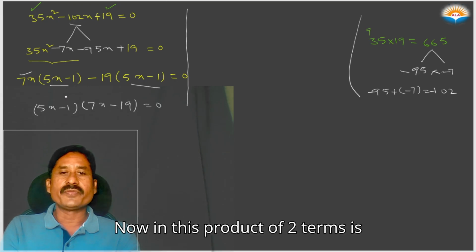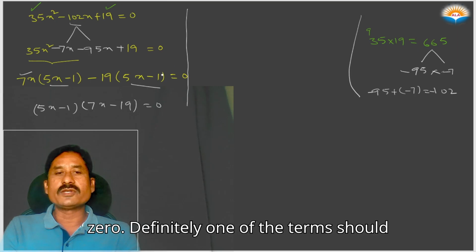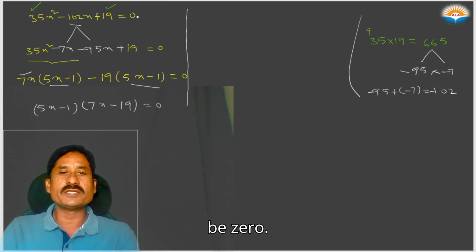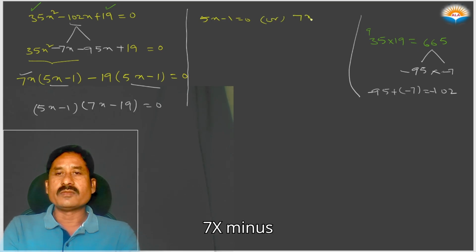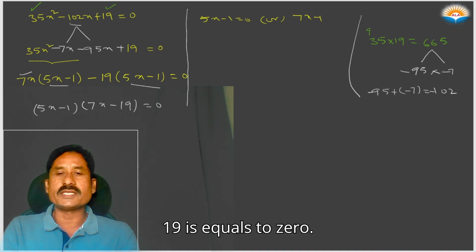Now this product of two terms is 0, definitely one of the terms should be 0. That is 5x minus 1 is equal to 0, or 7x minus 19 is equal to 0.